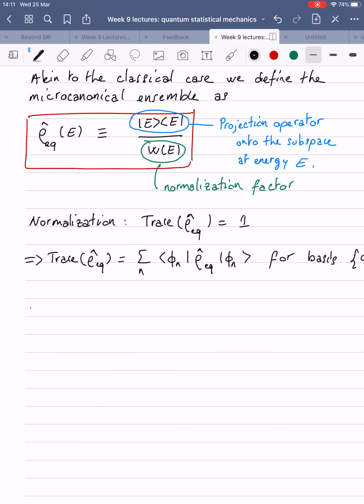Now we choose, as before, phi n in ket notation to be a measurable state. That's what we are interested in.